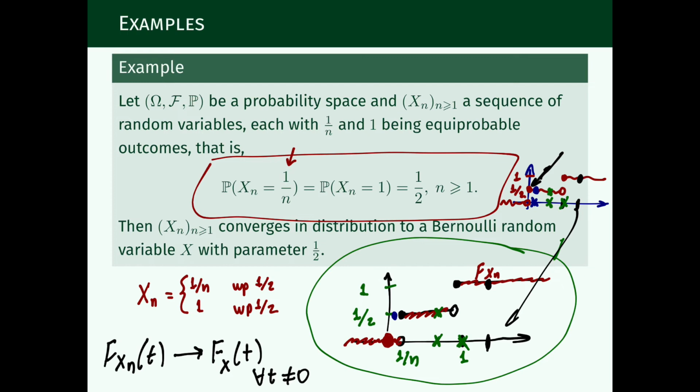But it's okay not to converge when t equals 0, because that is a point where F_X is discontinuous. So this is an example that explains why we do not require convergence at points of discontinuity. The distribution function is a curve that jumps and jumps again, and if a jump is moving left, it's reasonable not to require the function at this point to converge.